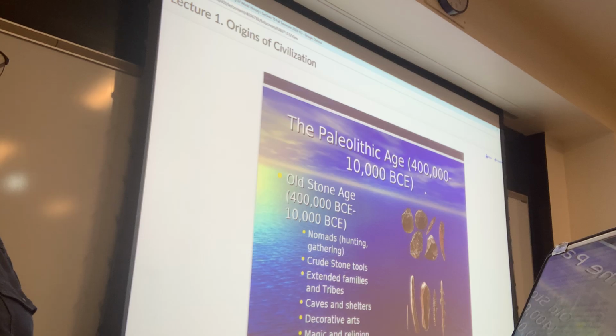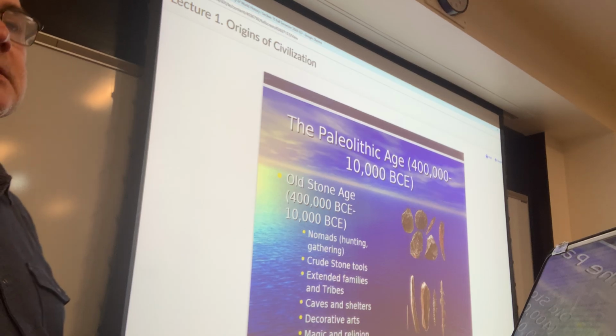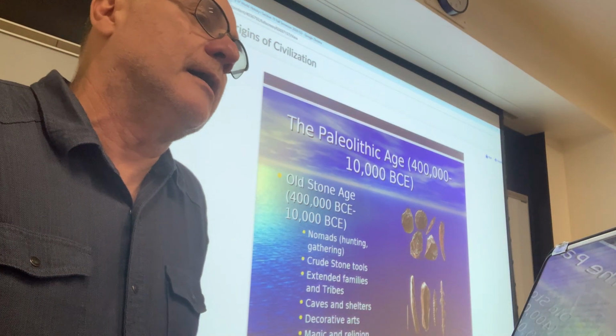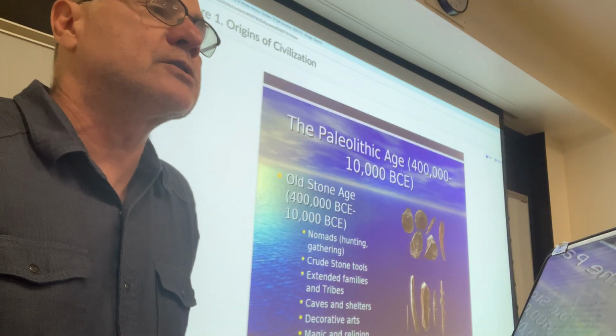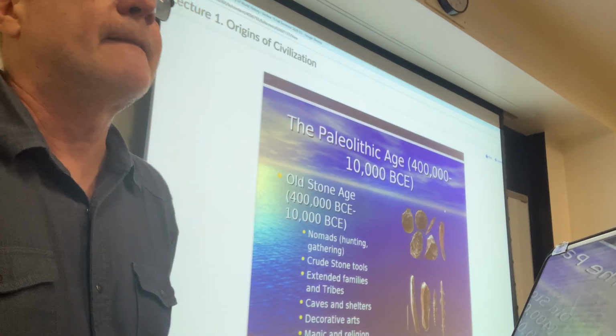Roughly speaking, chronologically, that happened about 400,000 to 10,000 BCE, before Common Era, or about 15,000 years ago, this Old Stone Age. Paleolith is a Greek term, and it means Old Stone Age.